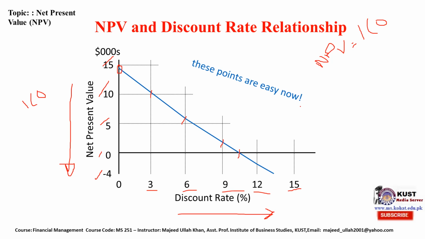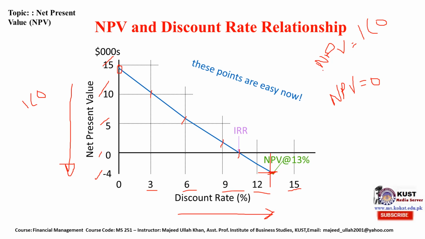Now when the discount rate increases to 12%, it becomes negative. In our case, this is our NPV, and this is the rate which we guessed, 13%. This is called IRR. What is IRR? IRR means the rate at which NPV is equal to 0. There are two definitions of IRR. When NPV is equal to 0, we call it IRR.